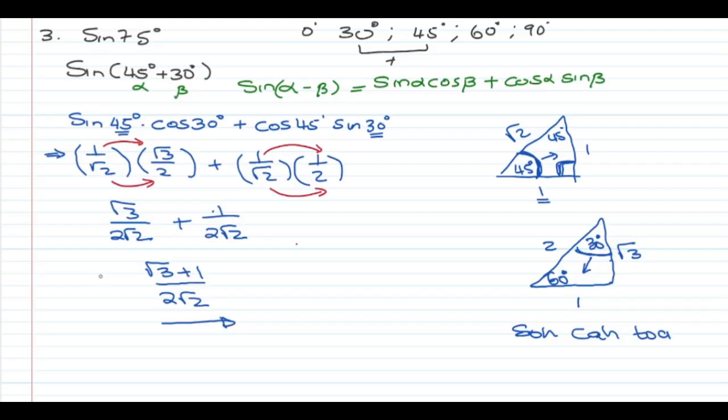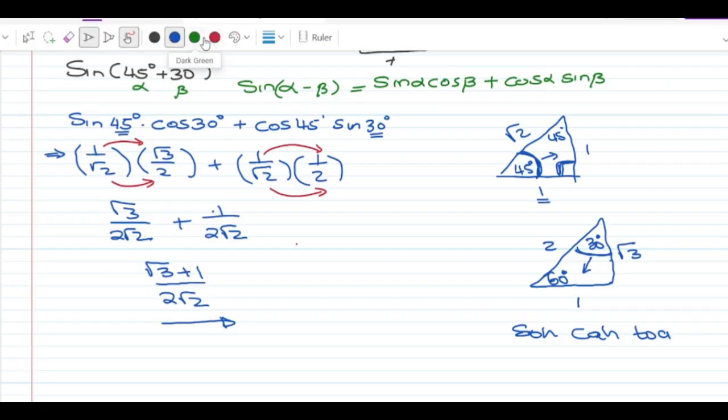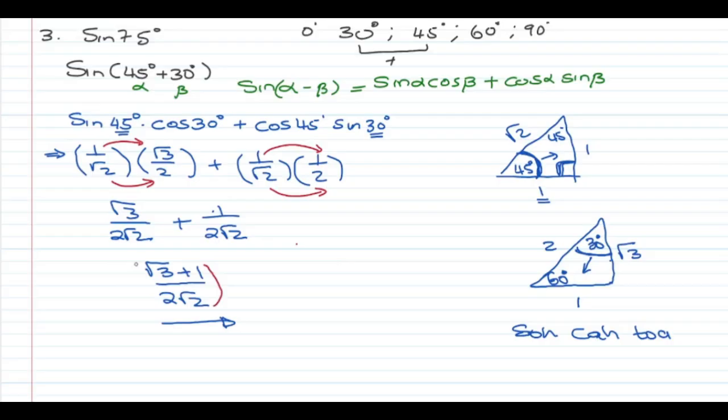If you need to rationalize, this is how you can do it. You're going to multiply the top and the bottom by root 2, because we are rationalizing the denominator. So this will be root 2 over root 2. You multiply top and bottom by that. You need to multiply everything inside the bracket by that root 2 on top.